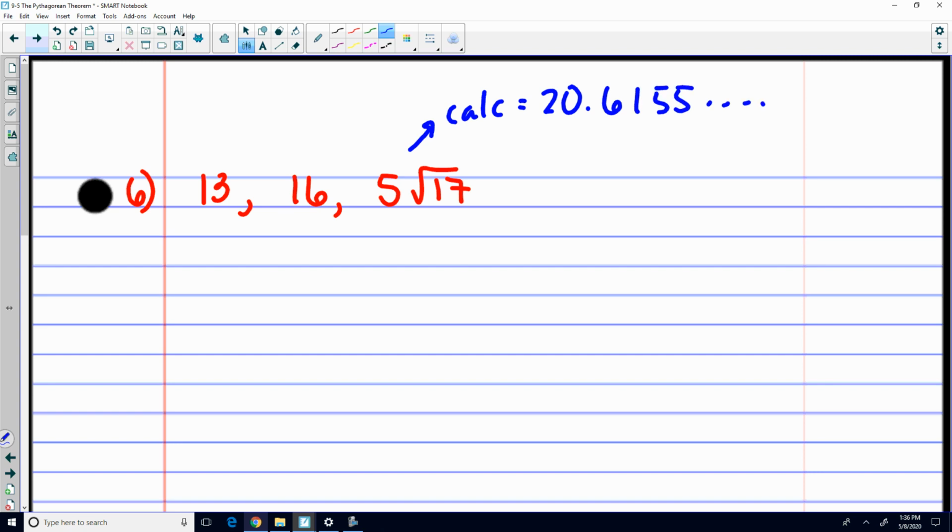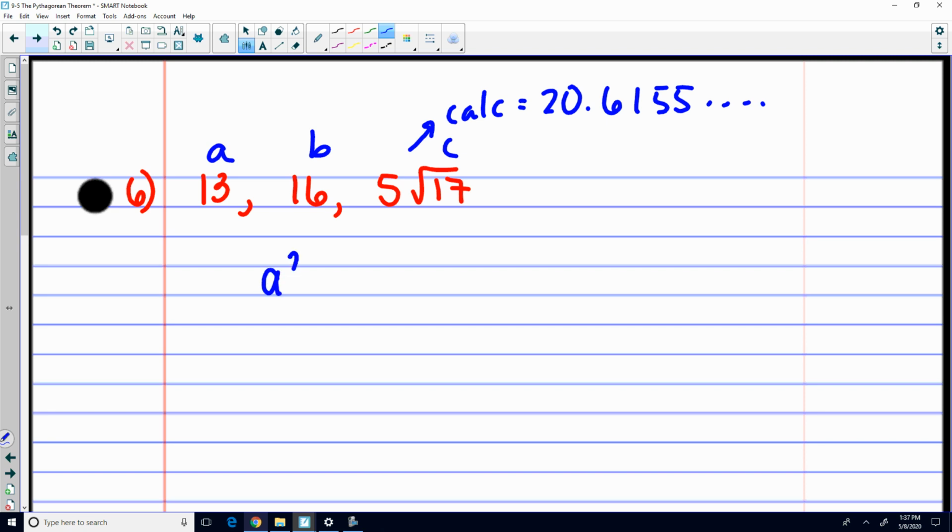It's irrational, so it's going to go on forever. The only reason I'm doing that is just to make sure that's C. That's the biggest side, okay? These could be out of order, so you might want to check that. Don't be deceived because there's a 5 out front. That is actually the biggest number. So this is going to be my A, my B, and my C.